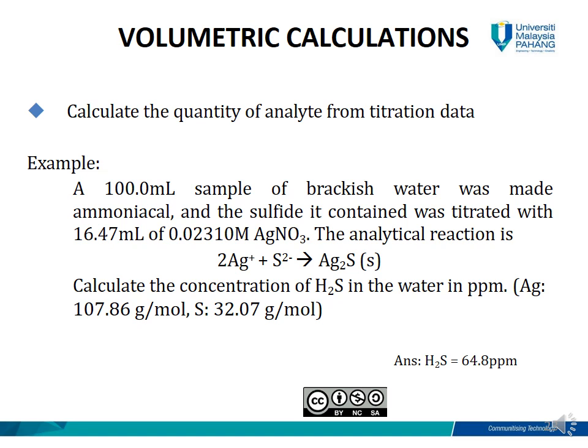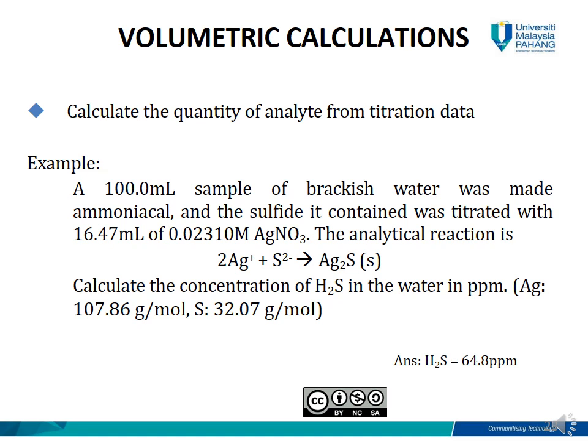In this example, you must be careful with what the question asks. You need to give what the question asks. Here they ask you to calculate the concentration of H2S in the water in ppm unit. As you all know, 1 ppm equals 1 milligram per liter.